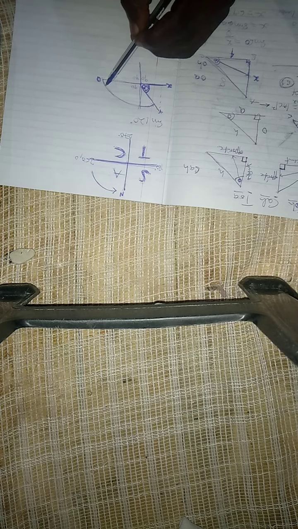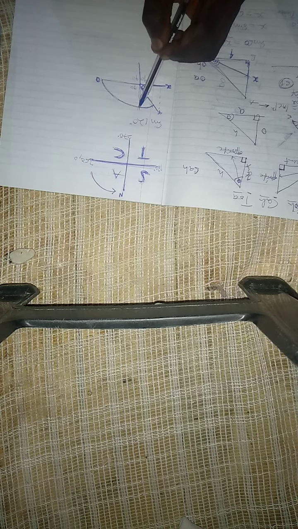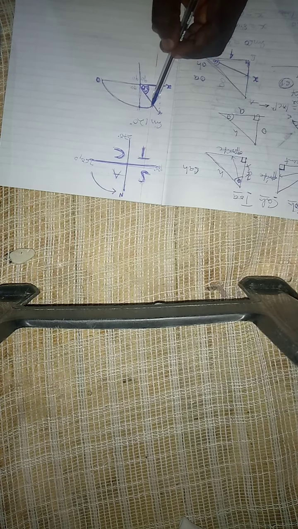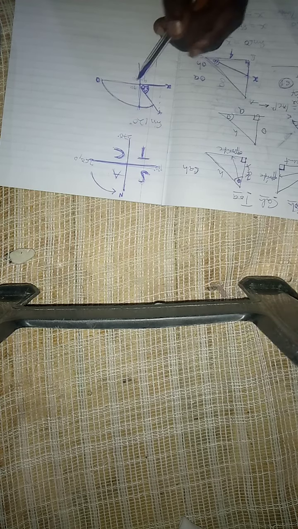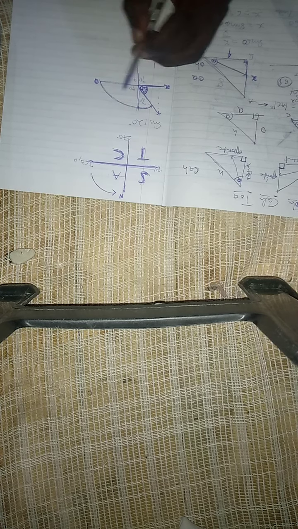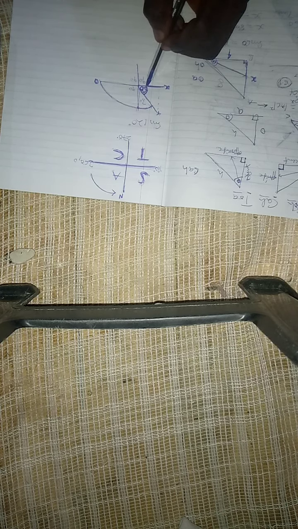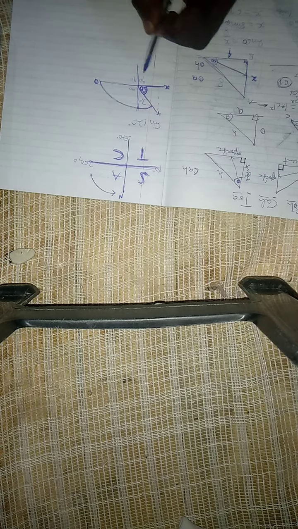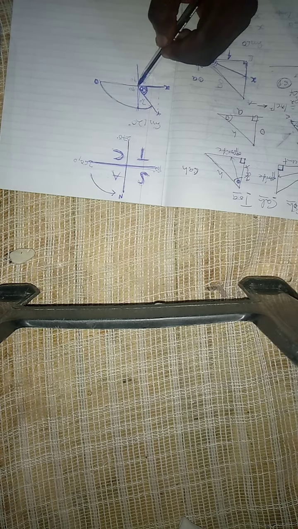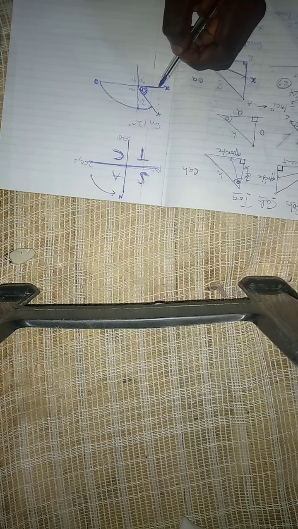Don't forget, it is 60 degrees because we're given sine 120. So we're reading 120 from this direction, from here. When we got here, it is 90 degrees. So we add 30 degrees to it to make 120. Then it will be left with 60. So this 60 is what we are interested in, because this 60 is the angle that the radius makes with the x-axis.